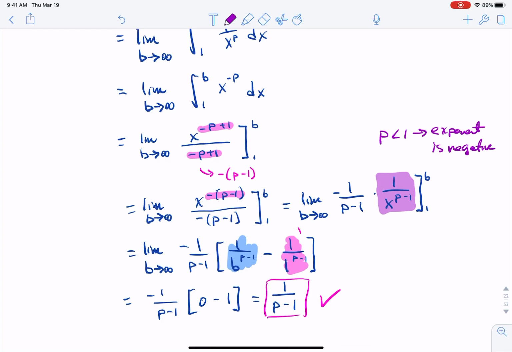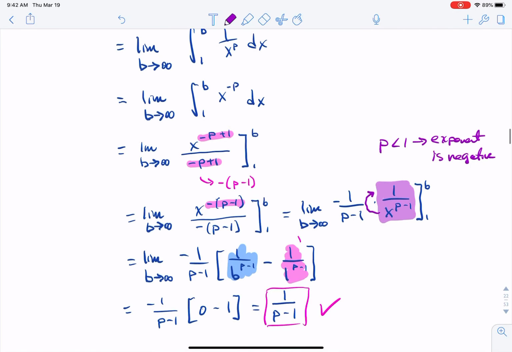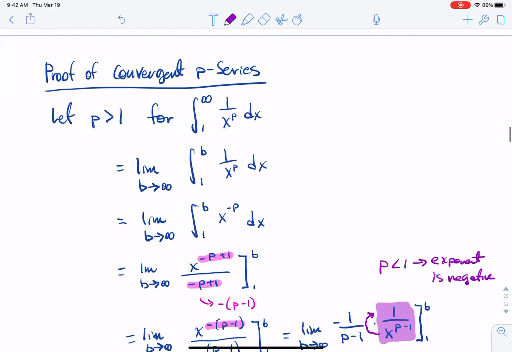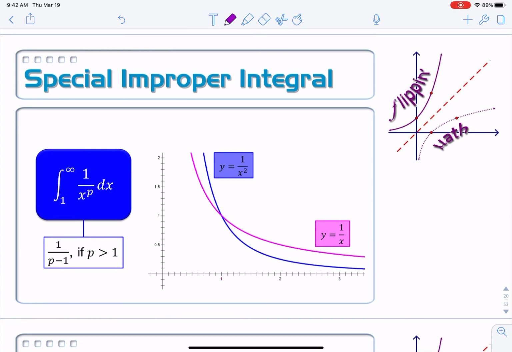If your exponent is negative, it's going to shoot the x value back up to the top, and then whenever you plug in your b going to infinity, that's going to get bigger and bigger and bigger, and this thing is going to be unbounded. So the only case for which this thing converges is when p is greater than 1. Okay. All right, so that concludes this video showing you when these p series converge to 1 over p minus 1 as long as p is greater than 1.